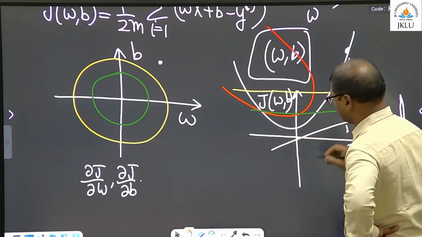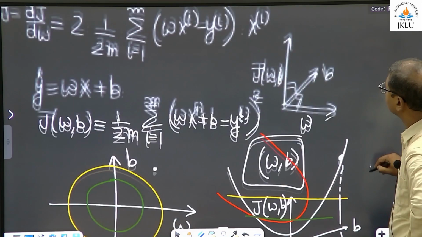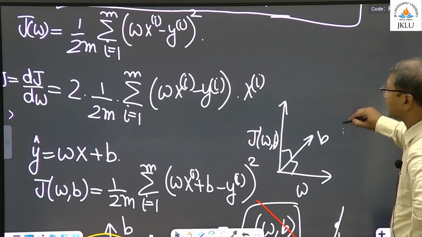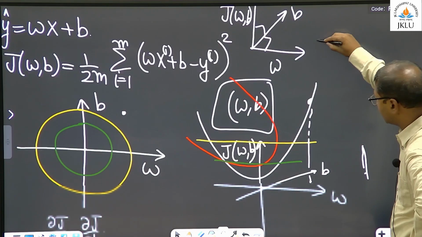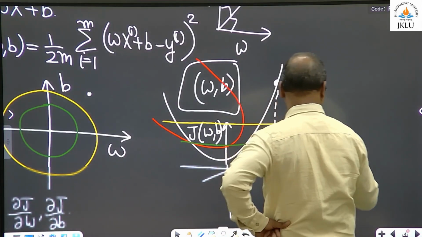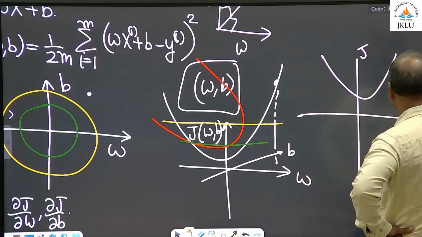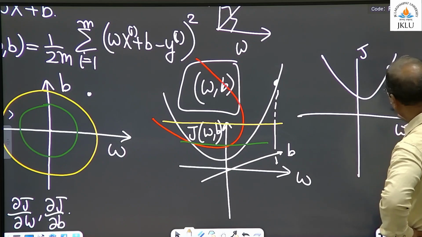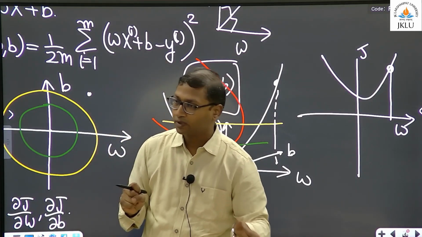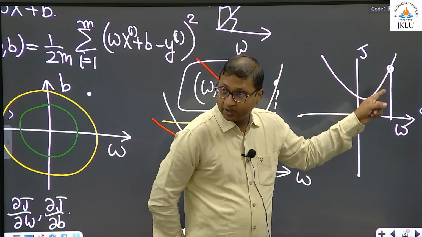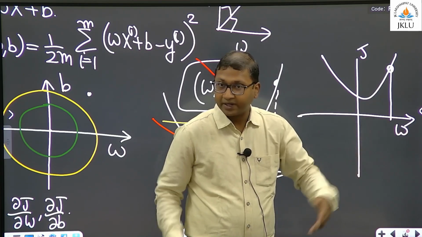When we were in the 1D case, this was my J, this was my W, I started from here. dJ by dW was actually my slope there, and the direction of my derivative here, my dy by dx is positive.